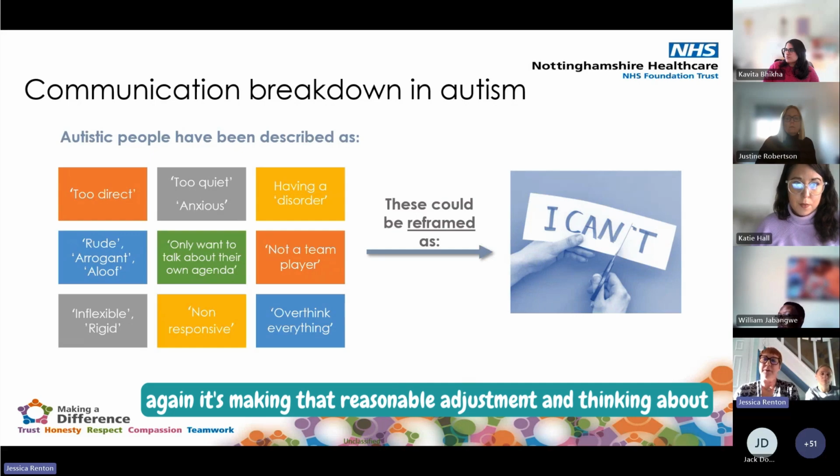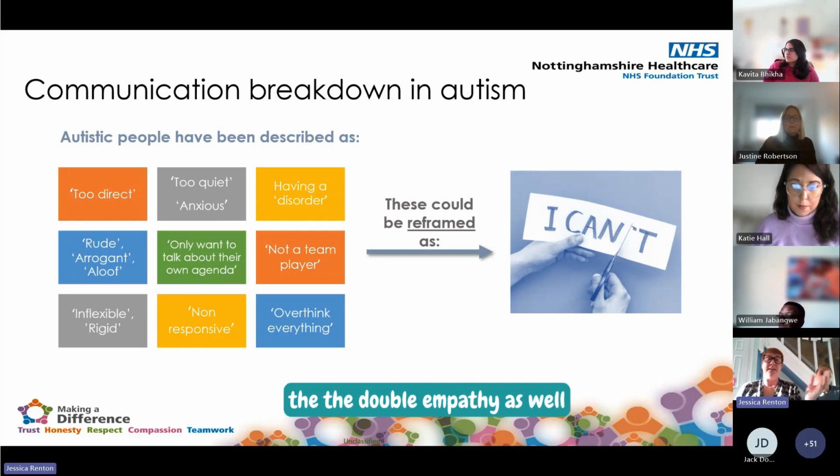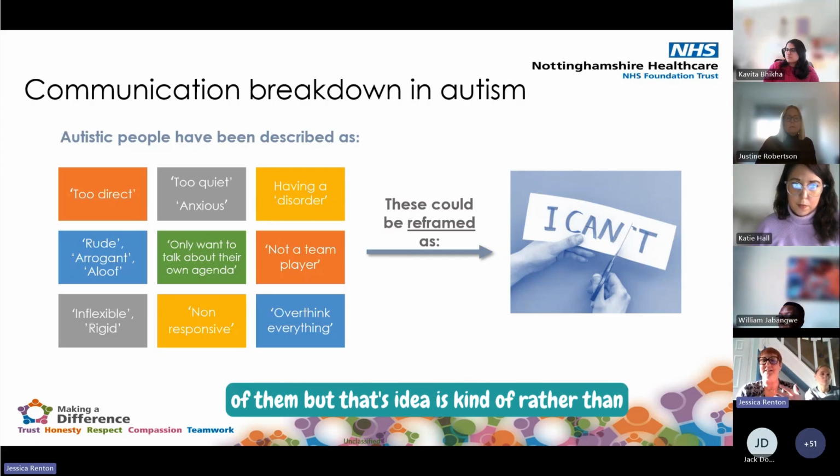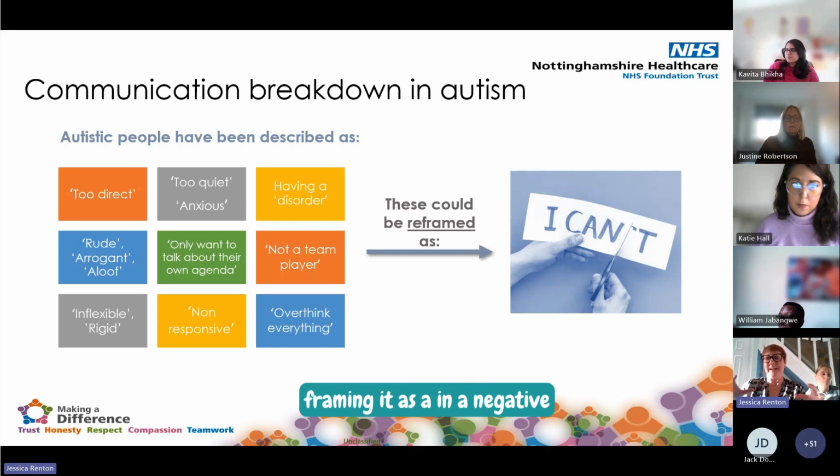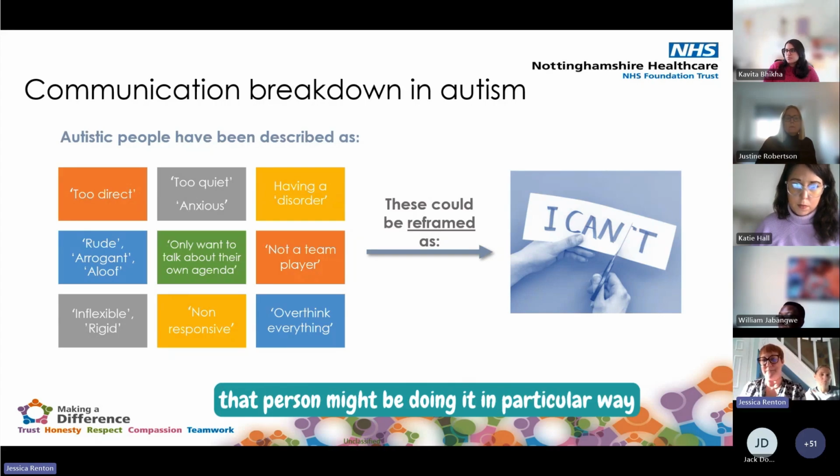Again, it's making that reasonable adjustment and thinking about the double empathy as well. I could keep going through all of them, but that's the idea: rather than framing it in a negative way, think about why that person might be doing it in a particular way. There will be a reason.